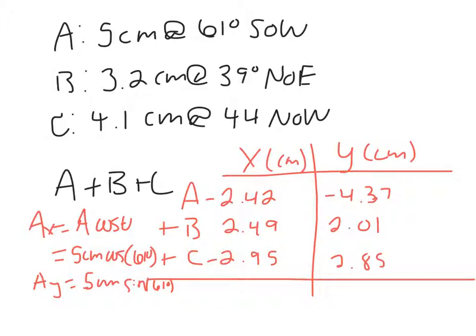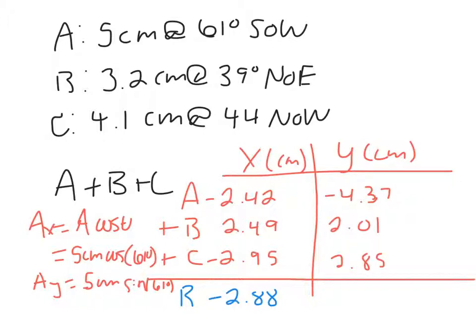A plus B plus C. All you're doing now is adding each of those components to get your resultant. So negative 2.42 plus 2.49 plus negative 2.95 gives me negative 2.88 centimeters as my x total.